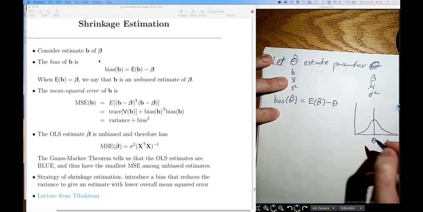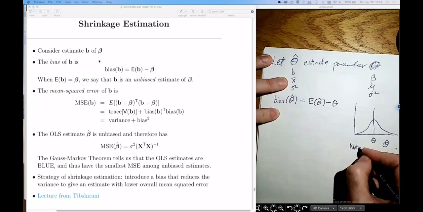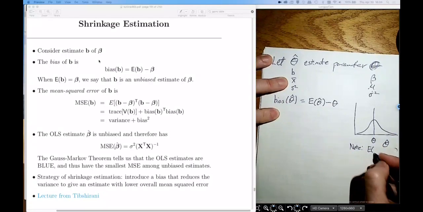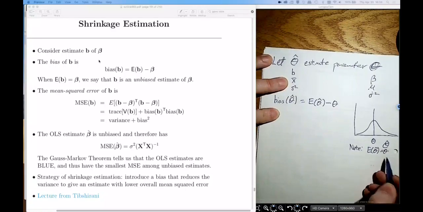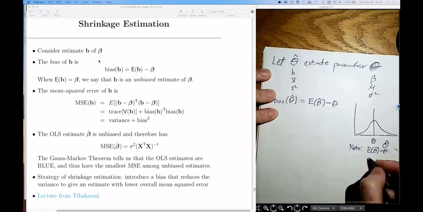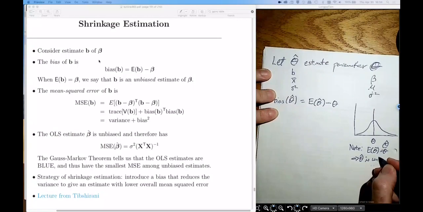Note that the expected value of this statistic is exactly equal to theta, and therefore we would say that theta hat is an unbiased estimate of theta.